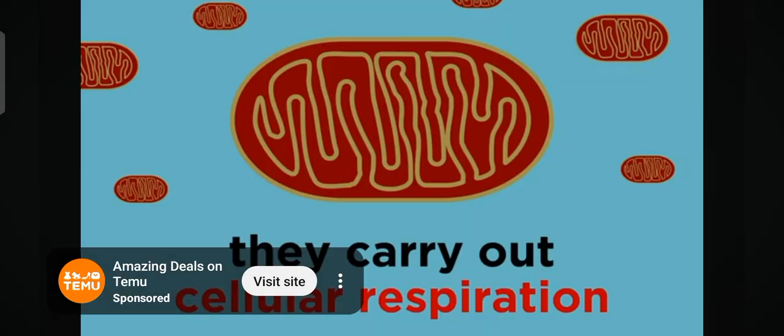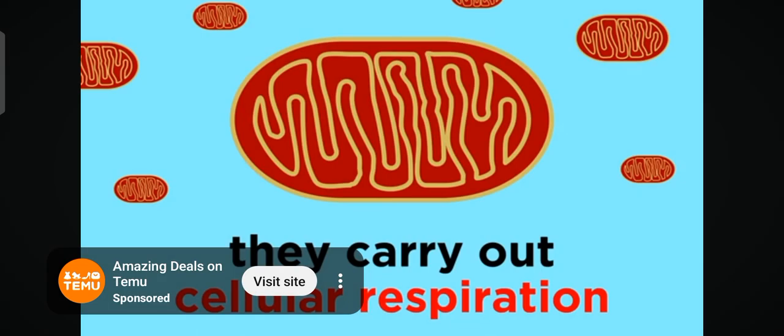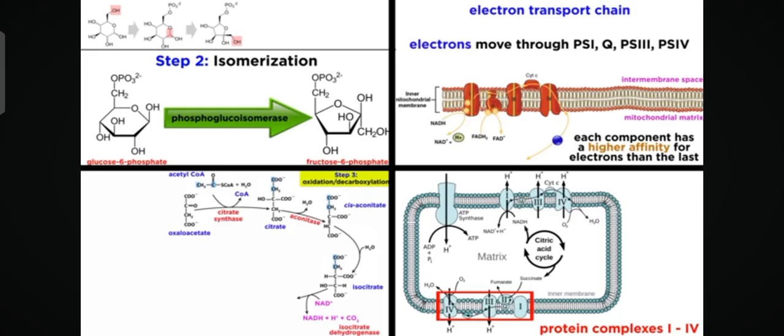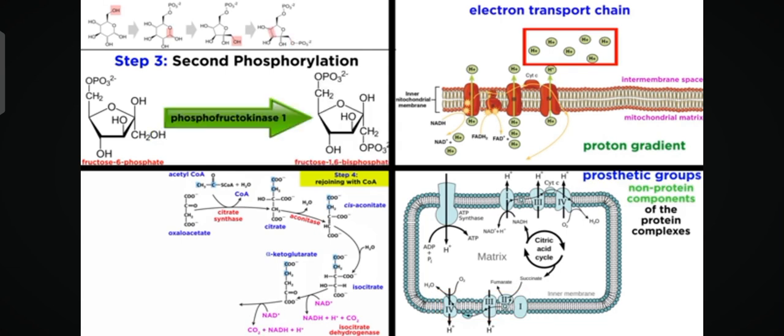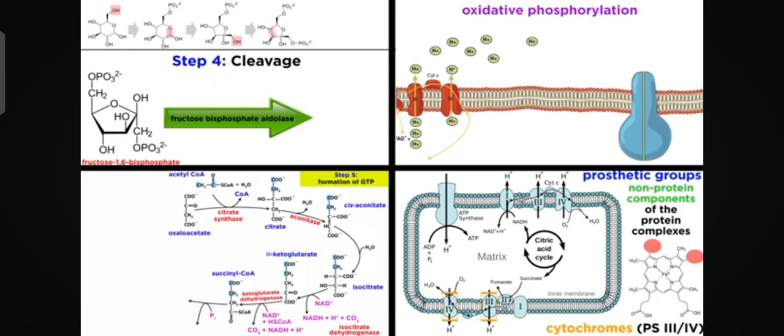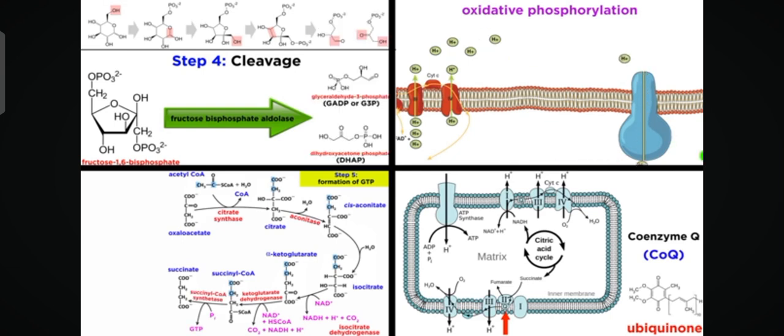Cellular respiration occurs in 3 steps: glycolysis, the citric acid cycle, and oxidative phosphorylation. And you can visit the 3-part series in my biochemistry tutorials for more details on how cellular respiration works.